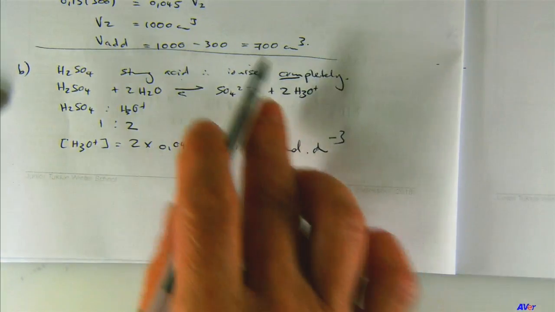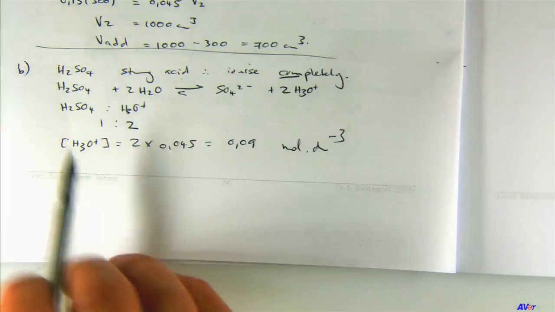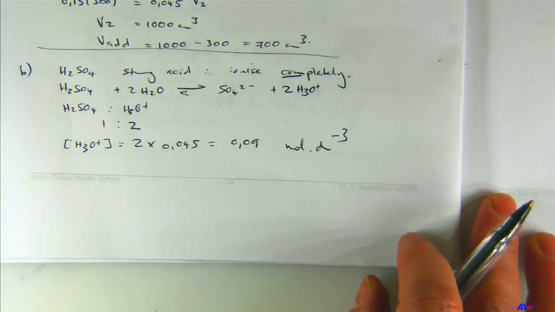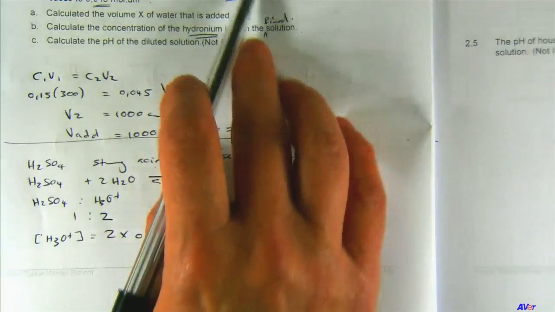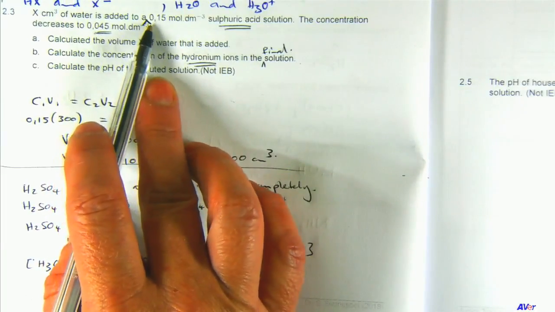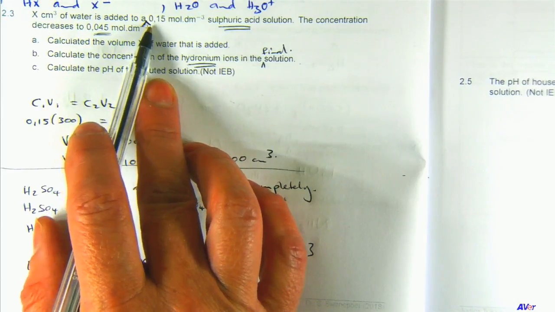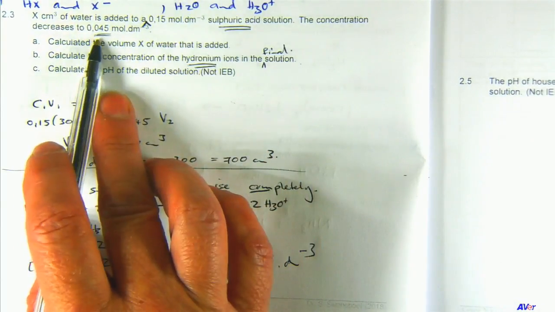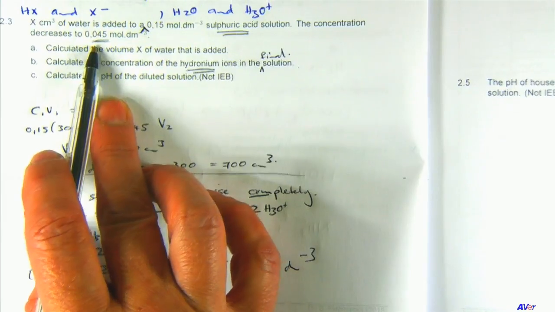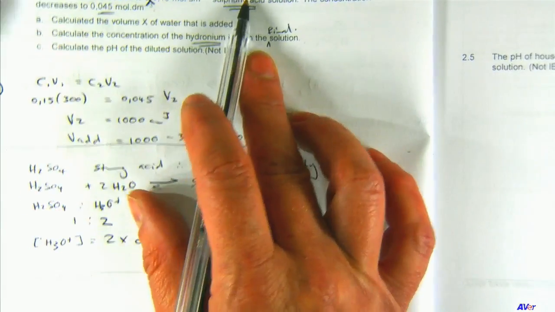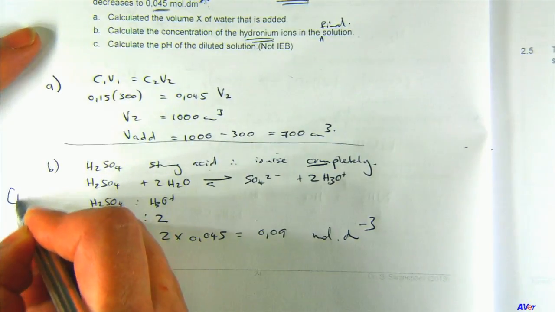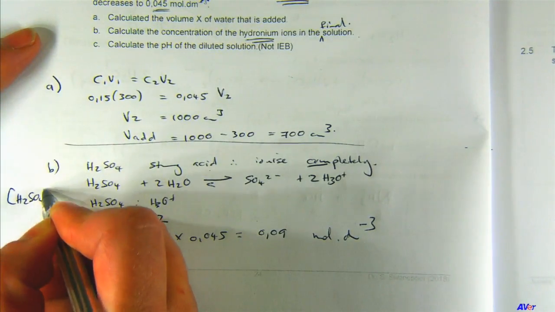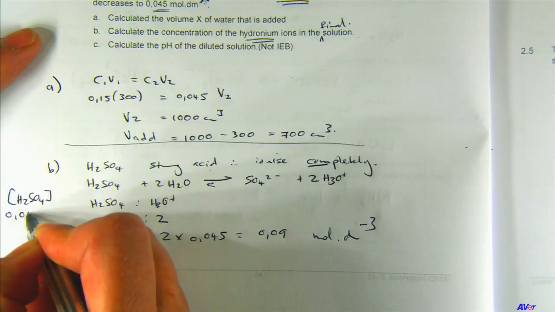They asked me, okay, we now have this concentration. We started off with a 0.15, and we diluted it, and now we ended up with a 0.045. And now this is a sulfuric acid. So what we have is the concentration of the sulfuric acid is 0.045.